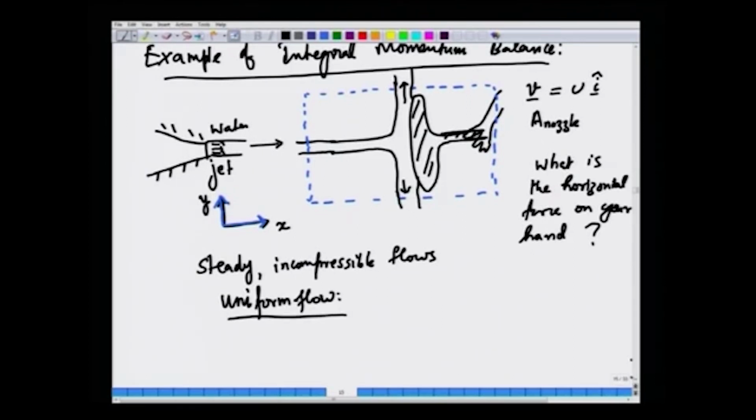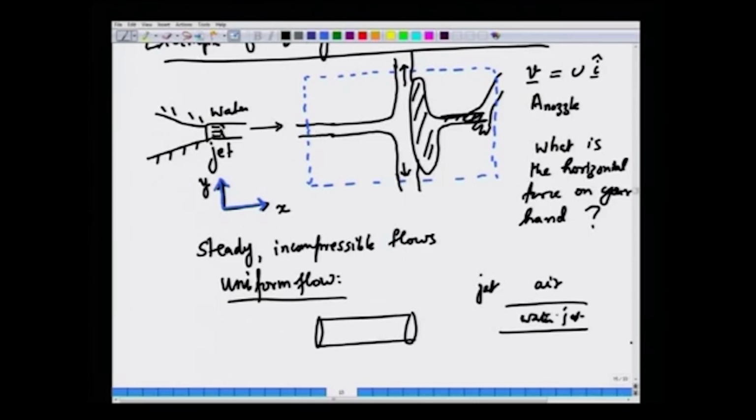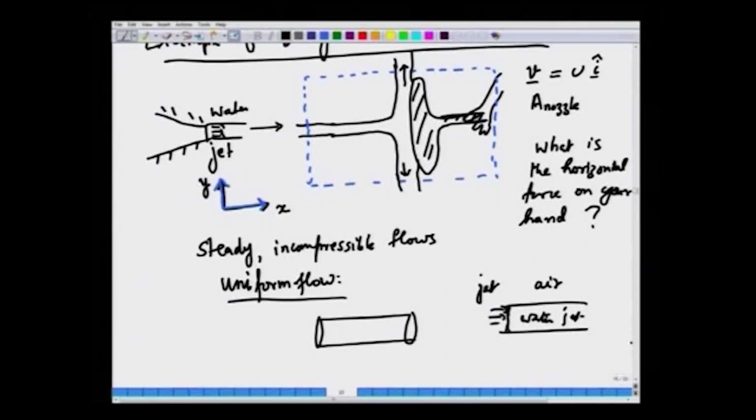What is a uniform flow? Whenever you have a flow, let us say inside a pipe, here you have a jet of water, which is surrounded by air, this is water. So, the question is whether the velocity at each and every point across the cross section of such a flow is the same or not. If it is the same, then the velocity vectors will be like this.